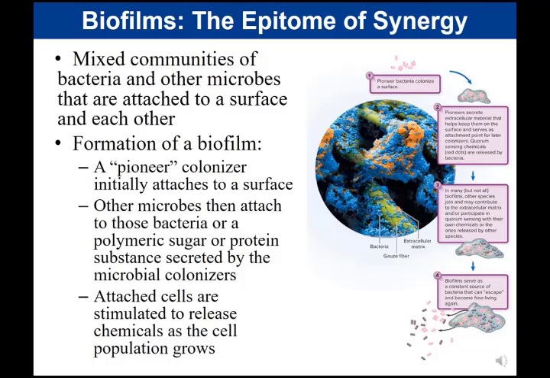The pioneers secrete some extracellular material that helps them to attach to the surface and also allows other microbes to attach. Those initial colonizers produce chemicals, and they do, remember, quorum sensing. And they're going to quorum sense, and they're going to send out a signal that's going to attract other bacteria to where the biofilm is.